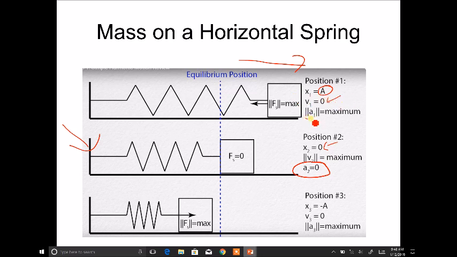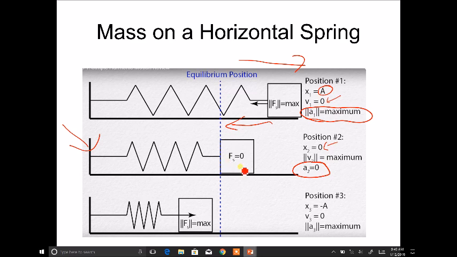But the acceleration is going to be maximum, because at this maximum stretch, the restoring force is going to be the greatest. That restoring force is the maximum net force acting on the object. When there's more net force, there's going to be more acceleration. Remember, the acceleration is always going to be in the direction of the equilibrium position. So once we let this go, it's going to begin to accelerate back toward the equilibrium position.